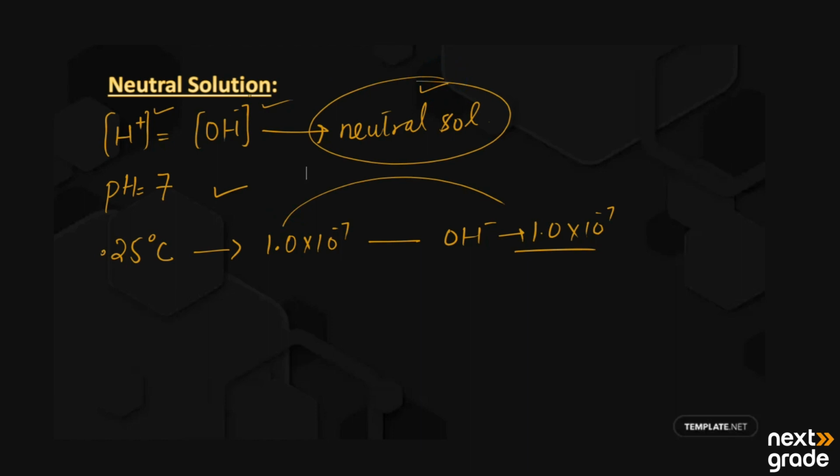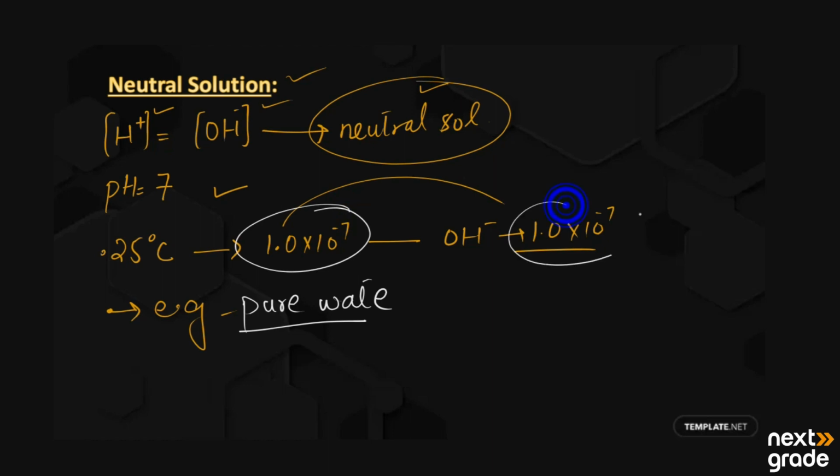A simple example of a neutral solution is pure water, where the concentration of hydrogen ions and hydroxide ions is equal to each other, so it is known as neutral.